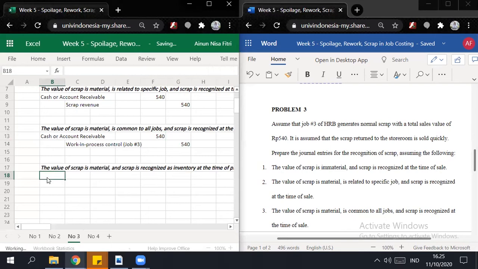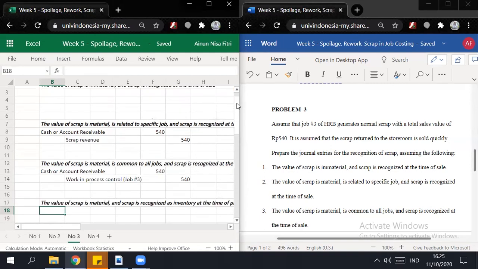The third is, oh, sorry, I think I read down on the wrong side.